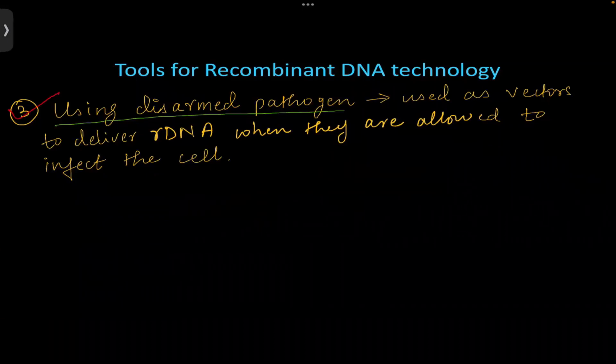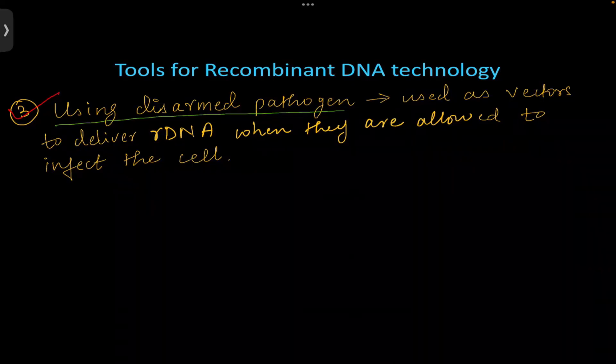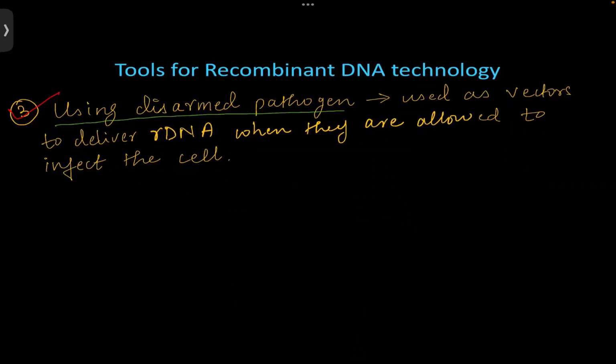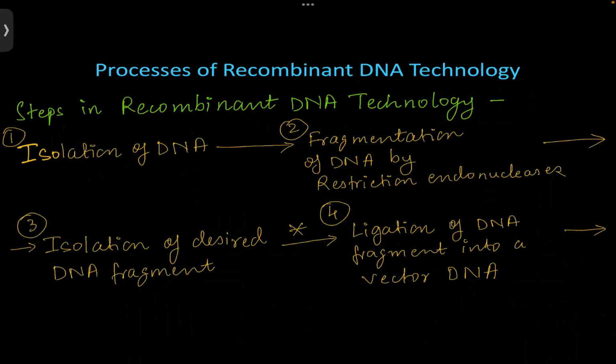We have just seen that Agrobacterium tumefaciens can be disarmed by removing its T-DNA. Similarly, retroviruses can be disarmed by removing their cancer-causing genes. Once disarmed, they will be allowed to infect the plant or animal cell, and while doing so, they will introduce your gene of interest within the plant or animal cell, that is your host cell.